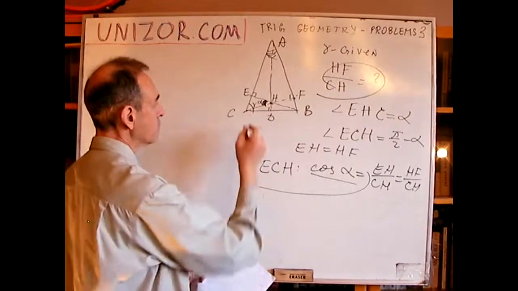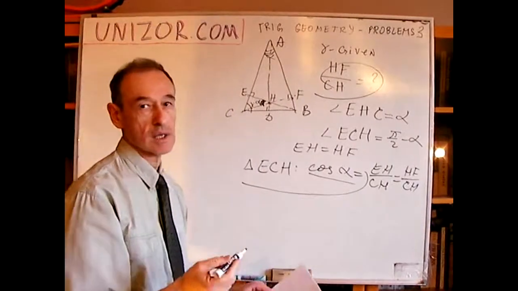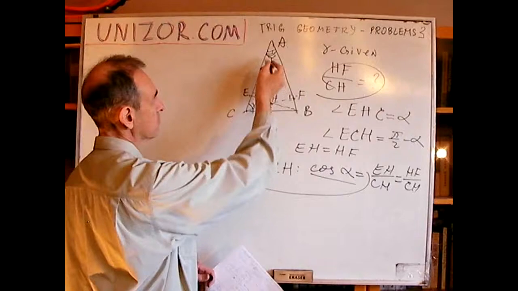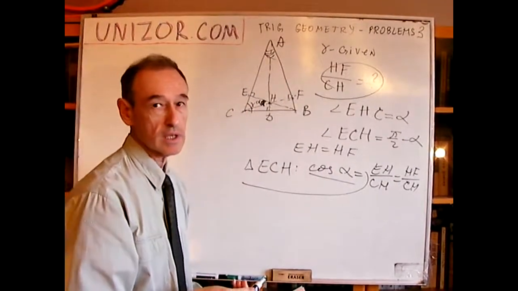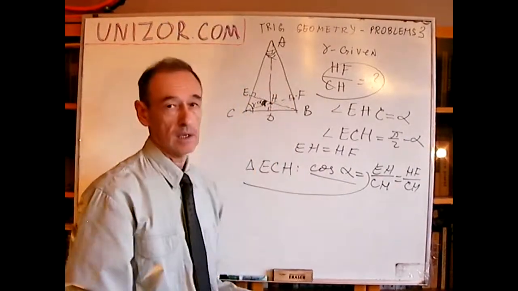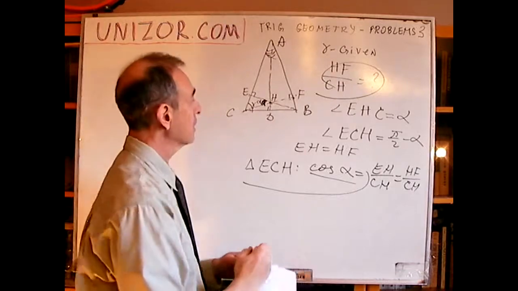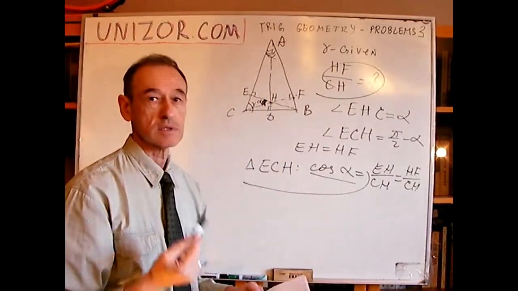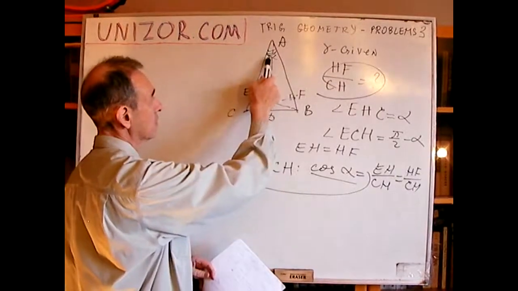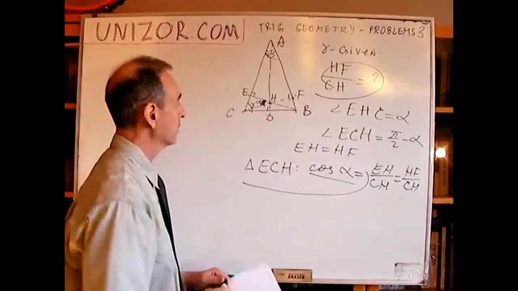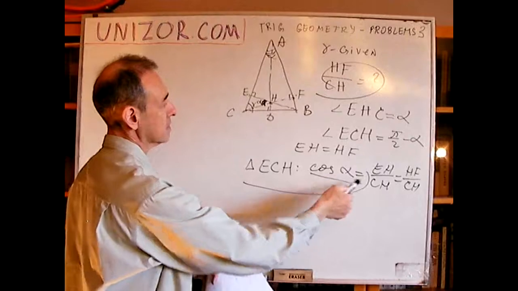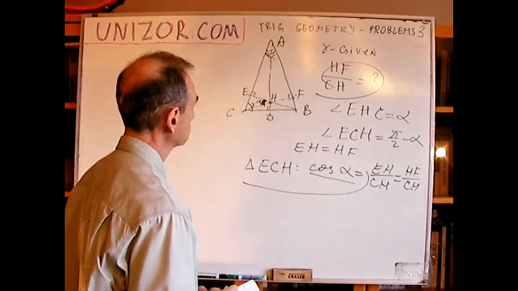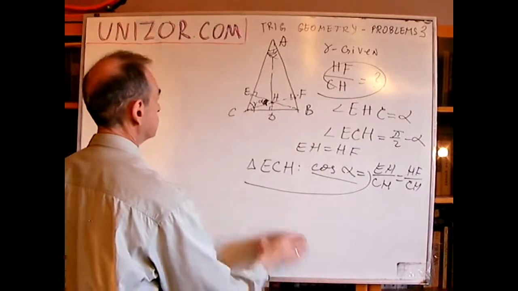So as long as one of the angles is given to us, we can obviously calculate what this one is, because this is an isosceles triangle. So as soon as we know one of the angles of the isosceles triangle, we know the angle on top, and the cosine of this angle on top is the ratio which we need. Well, that's it.